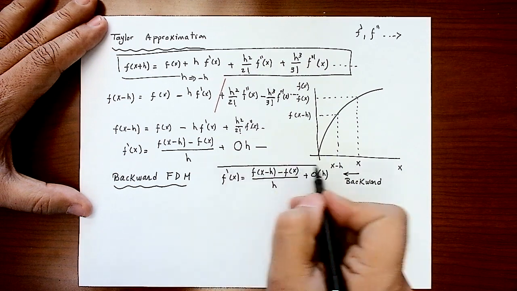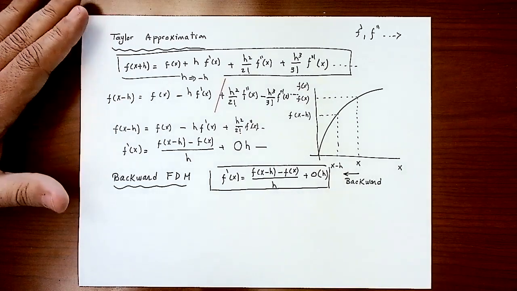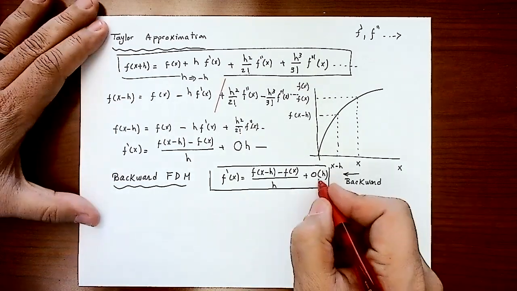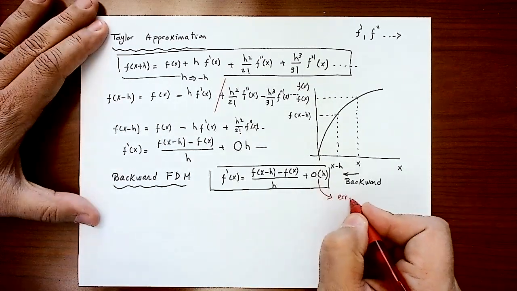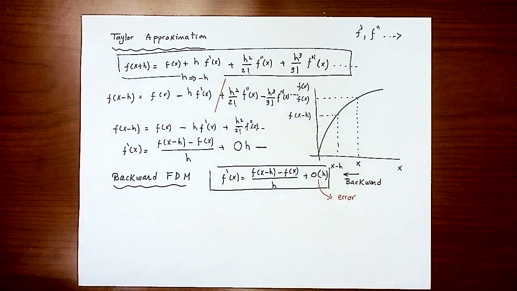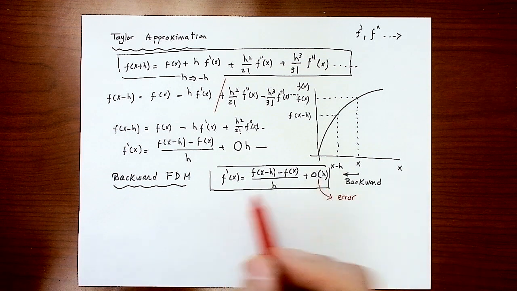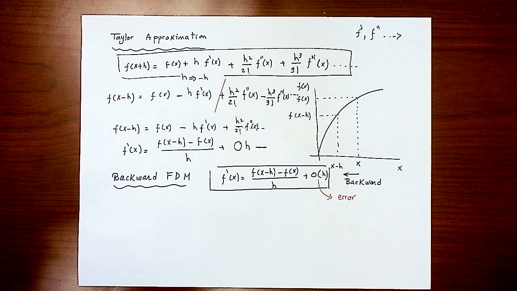So the first advantage of using Taylor approximation is that it can give you the order of the error. This is the remainder that you ignored because you are only going for the first derivative of the function that way, right? So the smaller the value of h you are using to discretize your domain, the smaller the error that you're going to get from that approximation.